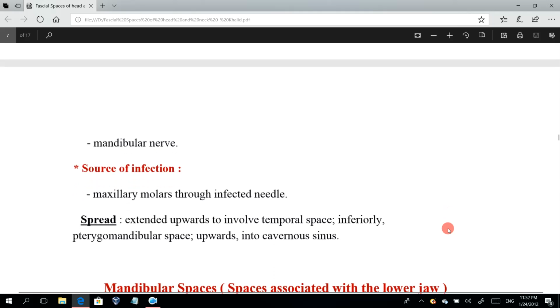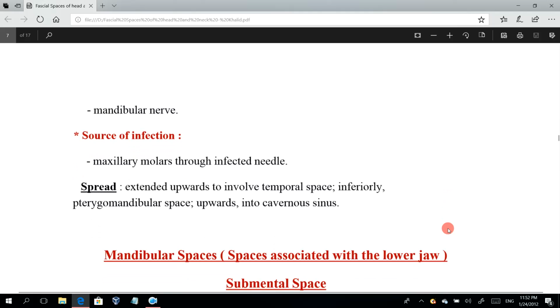Spread from this space can occur, and the spread either extends upwards to involve the temporal space, or it extends inferiorly to involve the pterygomandibular space.